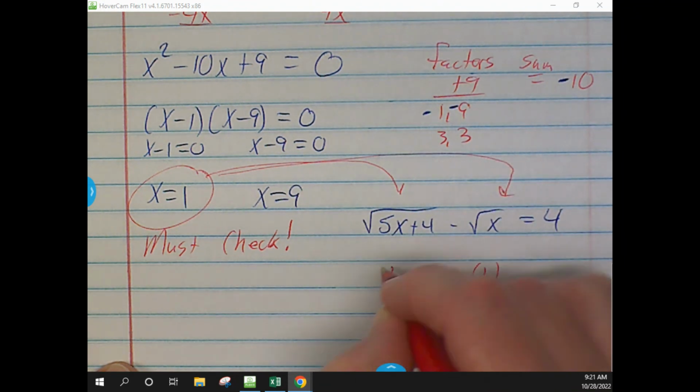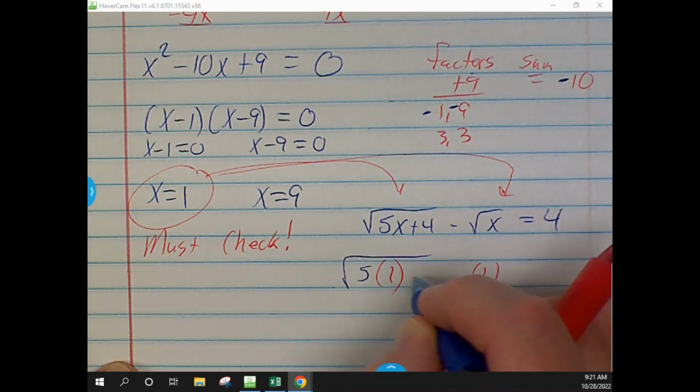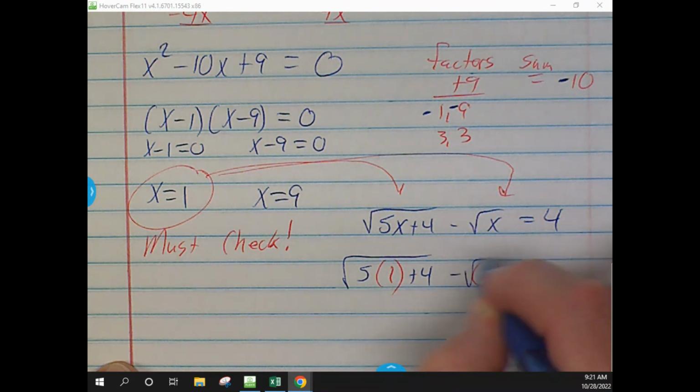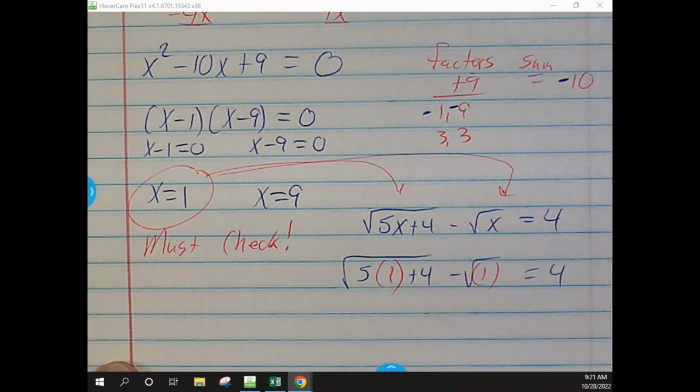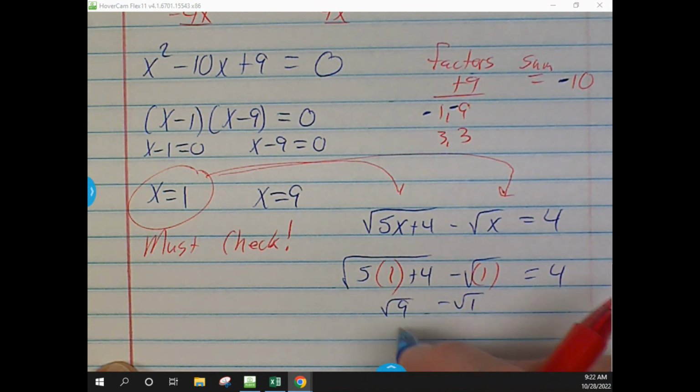So that's square root of 5 plus 4 minus the square root of 1 equals 4. So that's 5 plus 4, that's square root of 9 minus square root of 1. So that's 3 minus 1 equals 4.